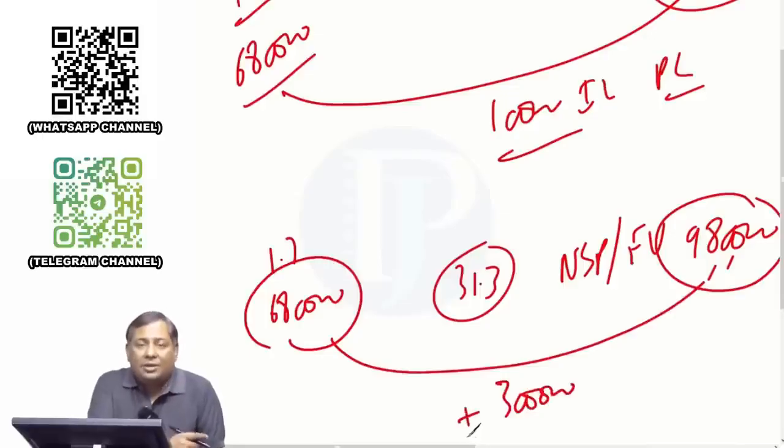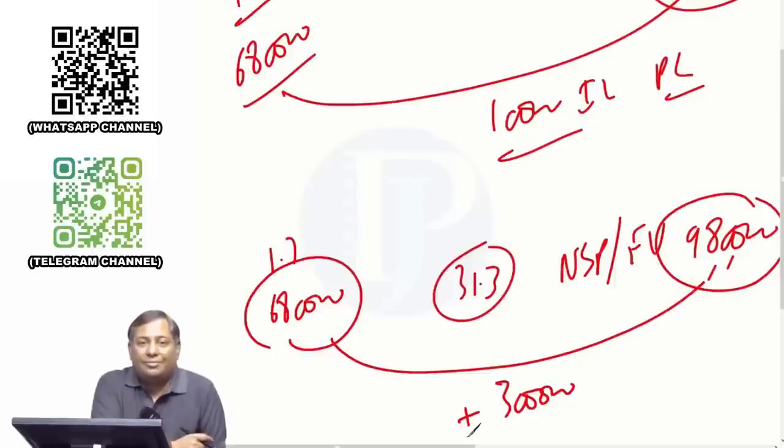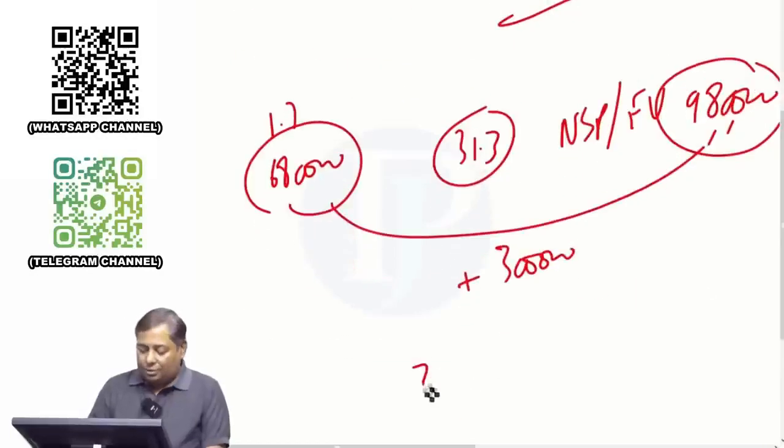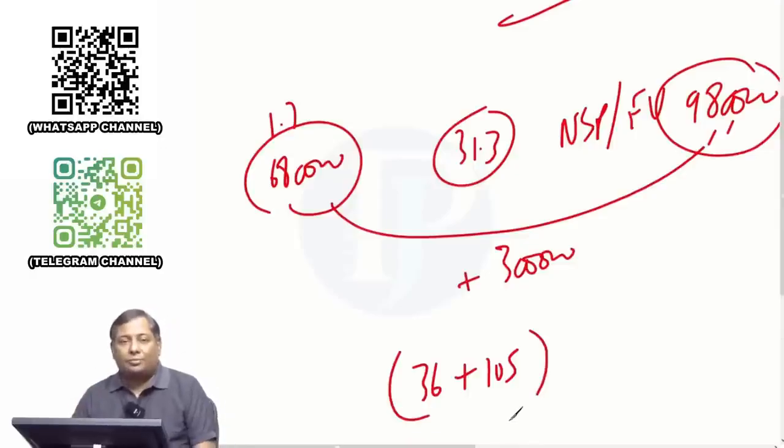And when you get an appreciation of rupees 3 lakhs, you can reverse the impairment loss. So now the question arises, how much impairment loss can we reverse? The answer to this is, whatever you write off in your Ind AS 36 and whatever you write off in your Ind AS 105, you can reverse that much.